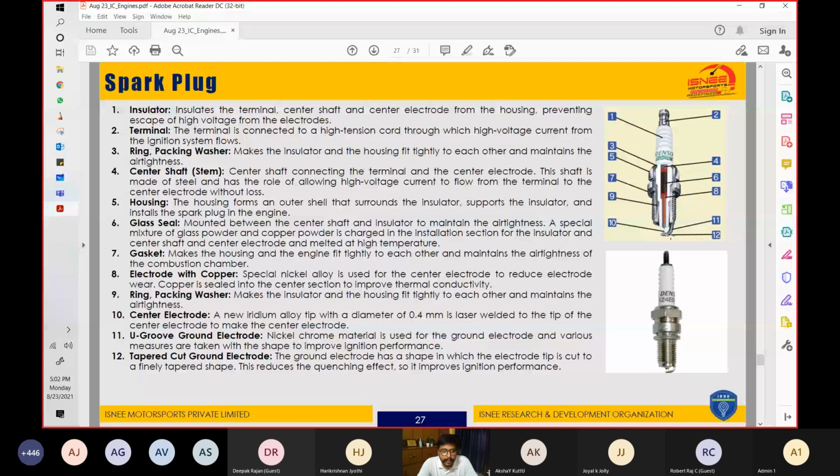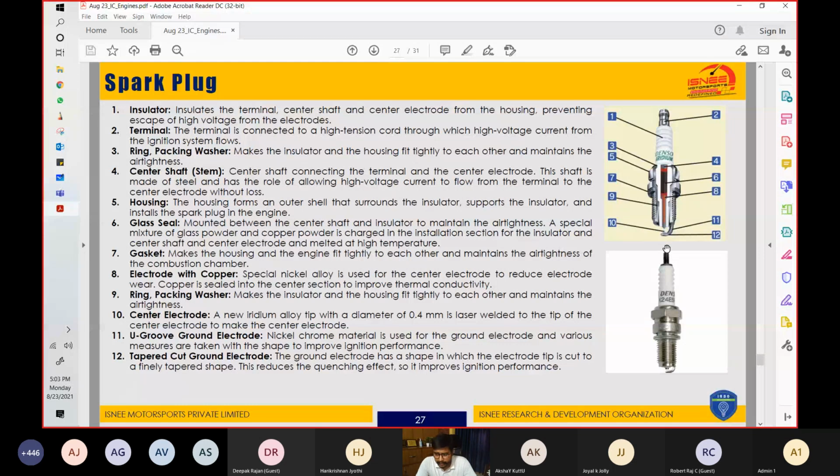And then comes the tapered cut ground electrode, part number 12, this. This is the ground electrode that has the shape in which the electrode tip is cut to a finely tapered shape. So basically these are the several parts or components of the spark plug.